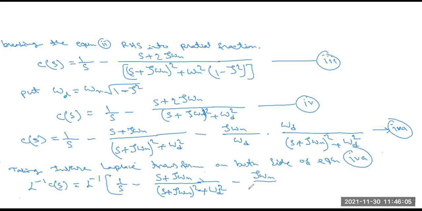I am writing this equation. These are not changing right now. First we have to rewrite the equation in the Laplace transform format, (s plus zeta omega n) square plus omega d square within the third bracket. Okay, so now we have to apply the rules.